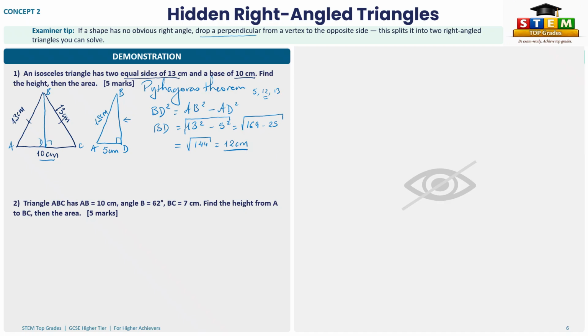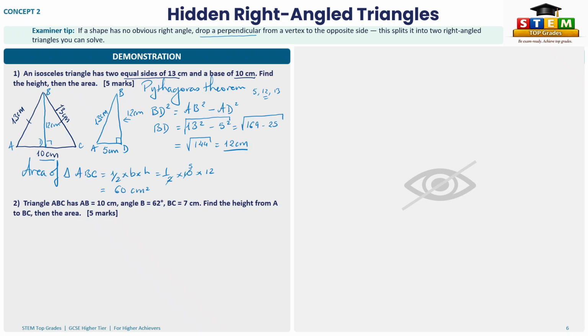Now we got the length BD as 12 centimeters. Therefore, it's going to be easy for us now to work out the area of the triangle. So area of triangle ABC, which is half times base times height, and it's going to be half times 10 times 12, 120, or you can do that, 5 times 12, 60. 60 centimeters squared.